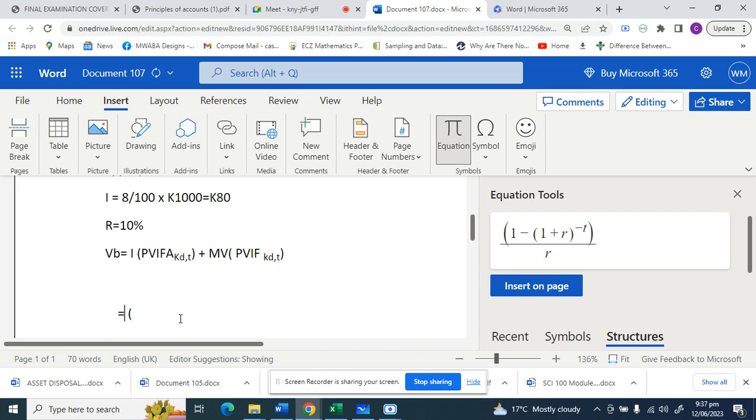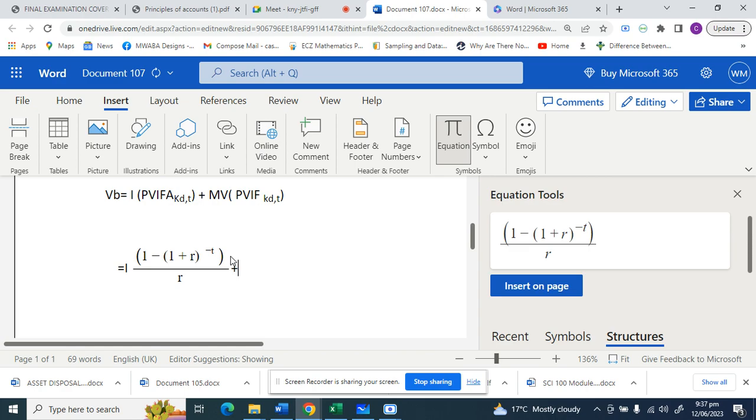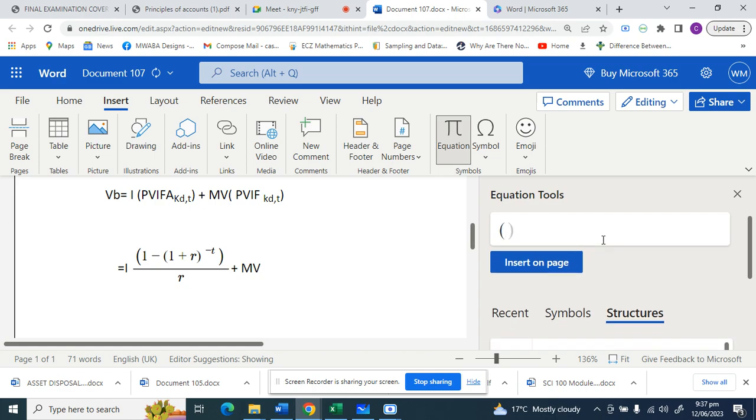So we replace in the figures here. We say I equals, plus MV, and here for MV, we just use this formula: 1 plus R power negative T. Remember, this is the formula for converting a future value into a present value.